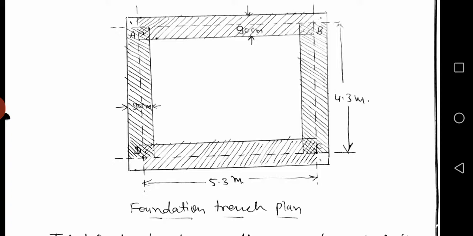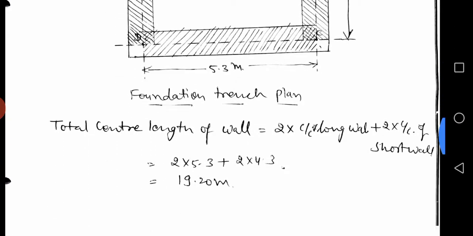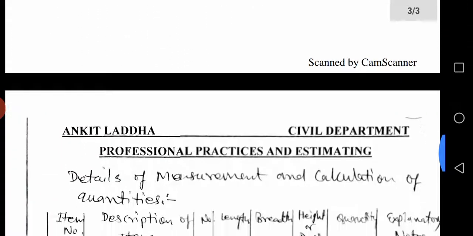Then we calculate the total center length of wall. So 2 into center to center of long wall plus 2 into center to center of short wall, because 2 long walls and 2 short walls are given. Then 2 into 5.3 plus 2 into 4.3, that is 19.2 meter. This is the center length of wall.